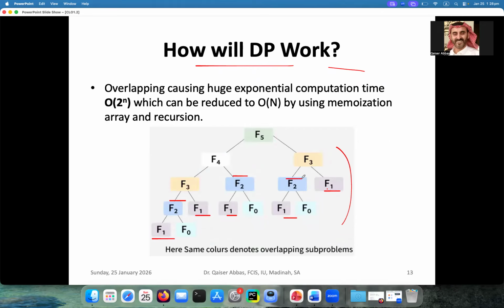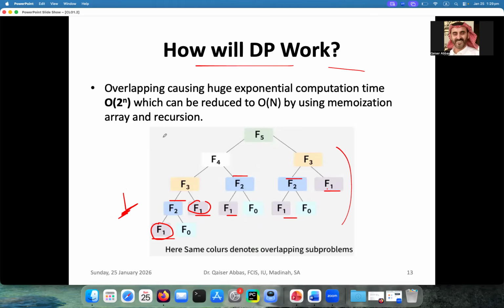If we use some memo array here, and store the solution of each subproblem in the memo, then next time when it is called, we will use the stored answer directly rather than computing it again, and we will save the time.